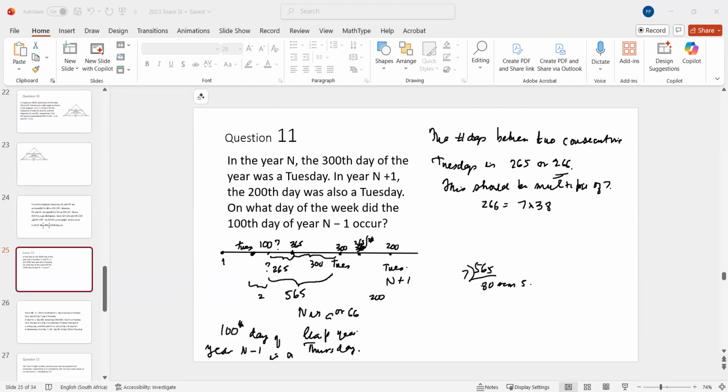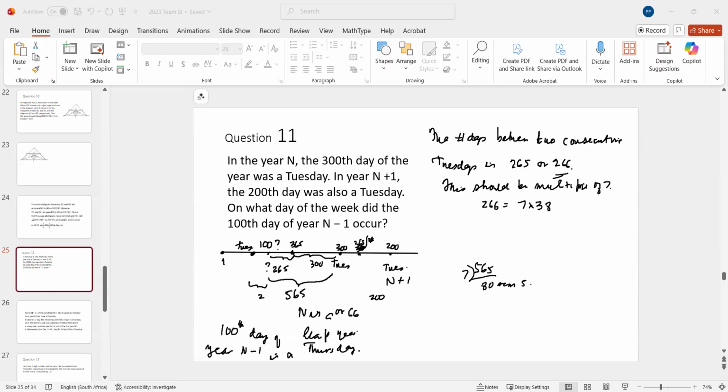This problem is quite a tricky problem, but it doesn't require too much. You just need to know how many days there are in a year. Just be careful. The number of days in a year is either 365 or 366. And the information that is given allows you to conclude that there's a leap year in between, because 266 arises out of a year which has 366 days.